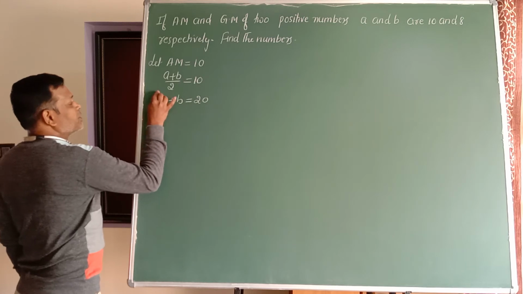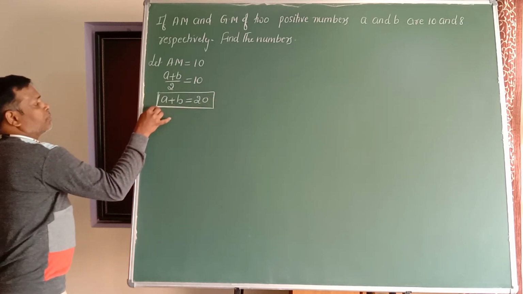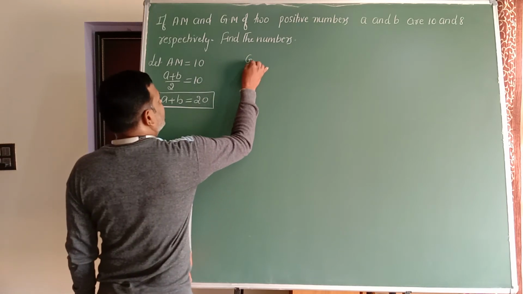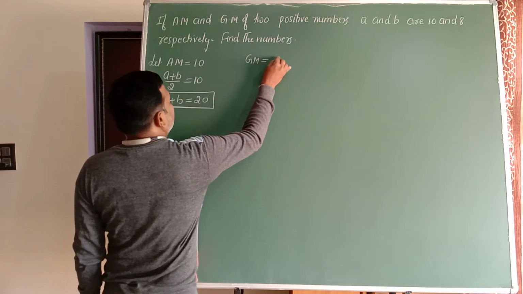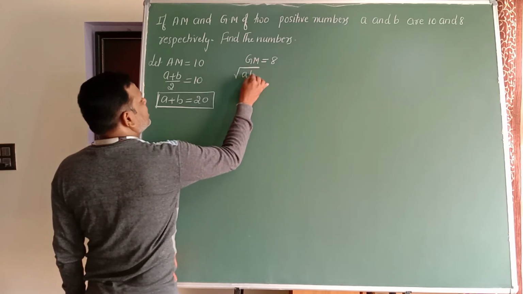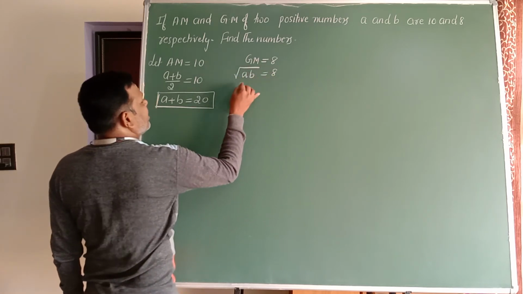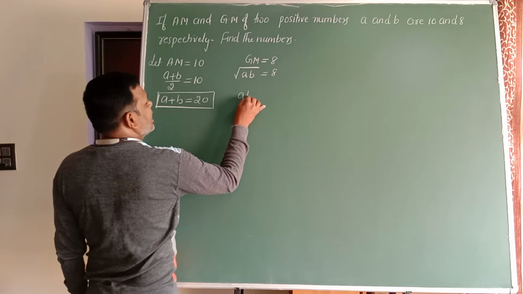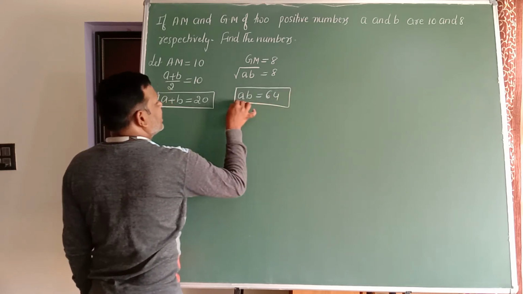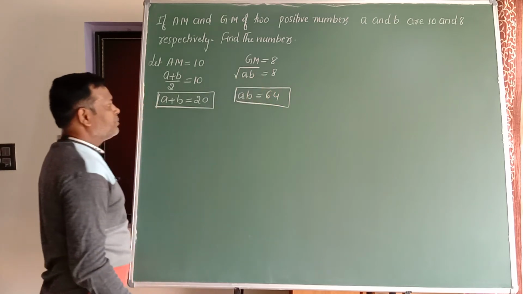This is one equation. Got my point? Another one is they are given that the GM of the two numbers is 8. GM is given by square root of AB, that is equal to 8. Squaring on both sides, the root gets cancelled, and AB is equal to 8 square, which is 64.